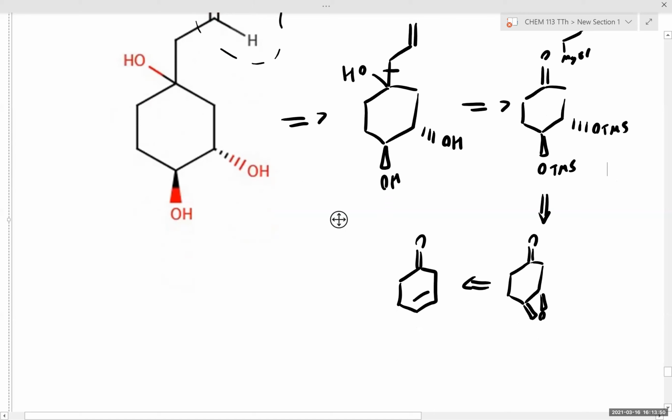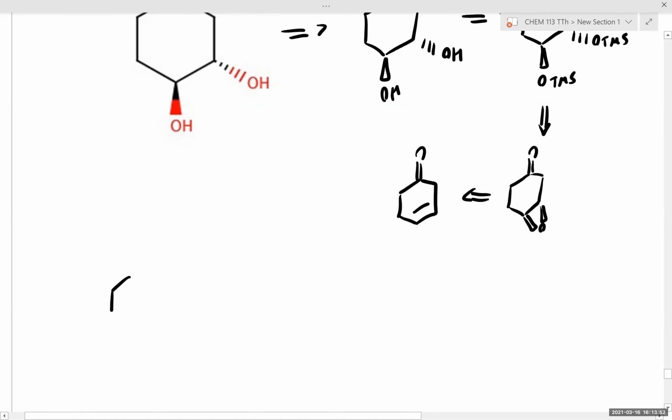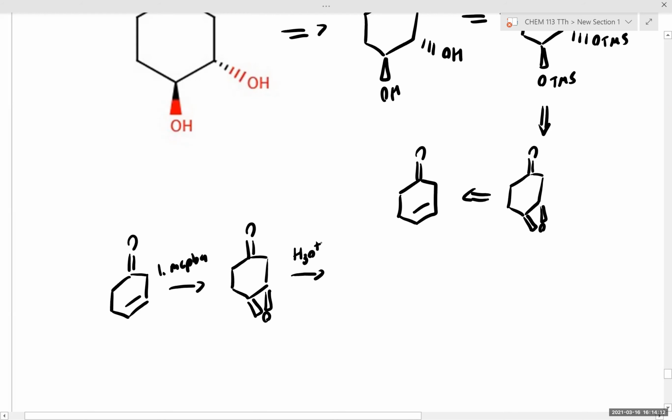Okay, so in a forward sense, we can take this alkene and treat it with MCPBA. That generates our epoxide. From there, we can treat it with H3O plus and water.